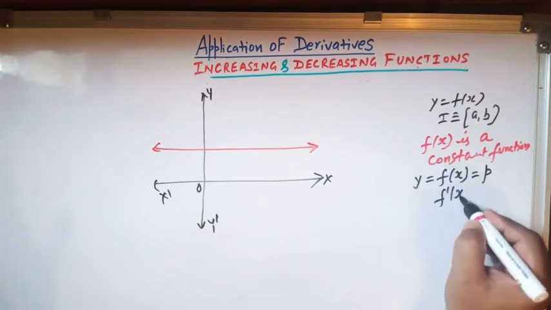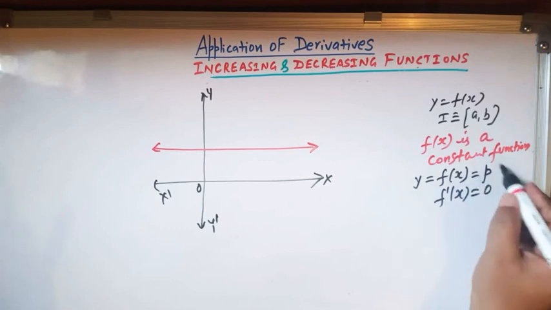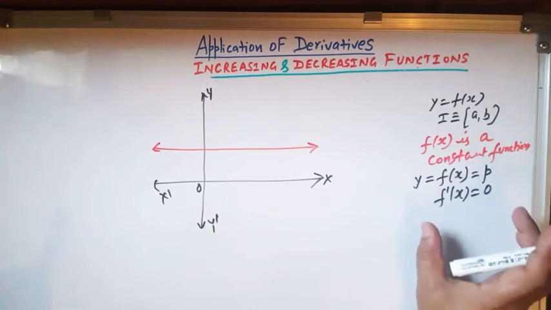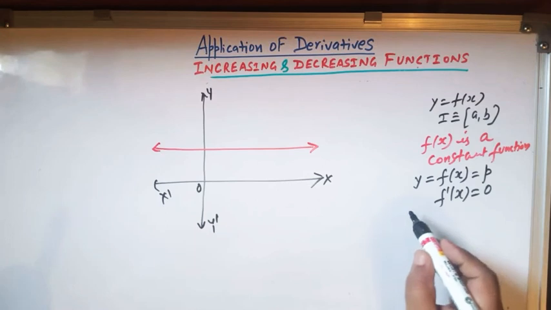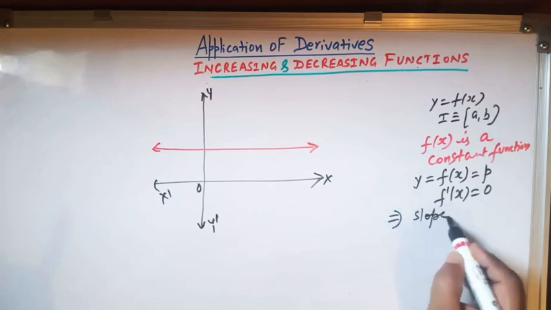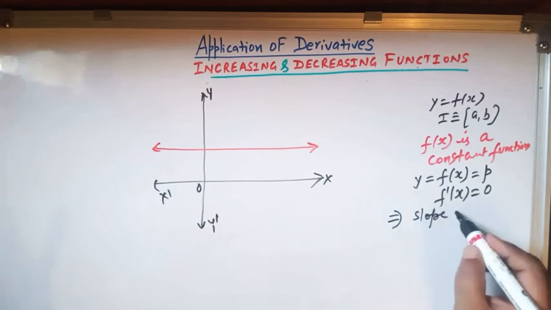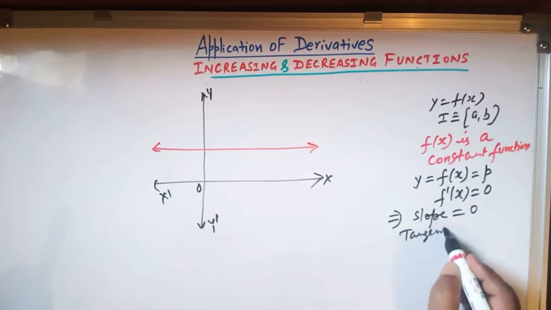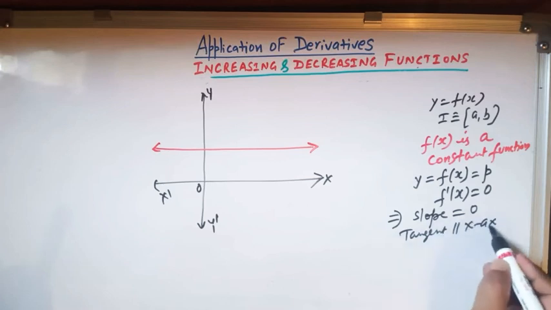Obviously the derivative is 0, because the derivative of a constant function is 0. It implies that the slope of the tangent is 0, or the tangent is parallel to the x-axis.